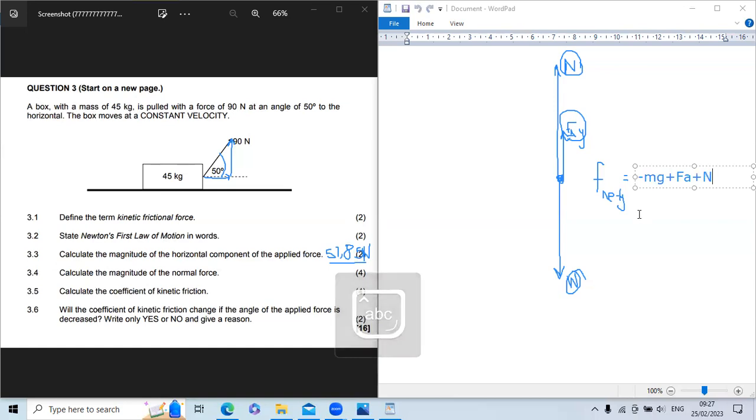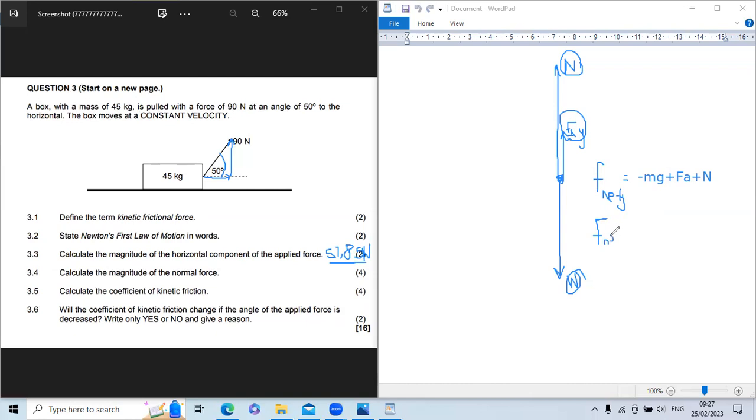I'm pretty sure you guys know how we're going to find mg, and you know how we're going to find our force applied, right? So is it where you have to say F sin theta? Exactly.